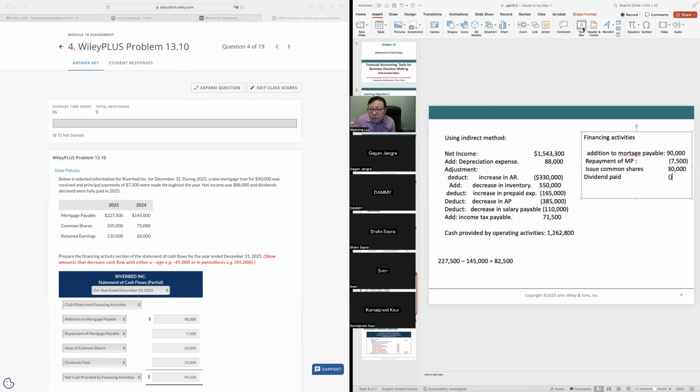Okay, so I'm going to use this equation: retained earnings beginning balance, plus net income, minus dividend, equals retained earnings ending balance. Is this equation correct?